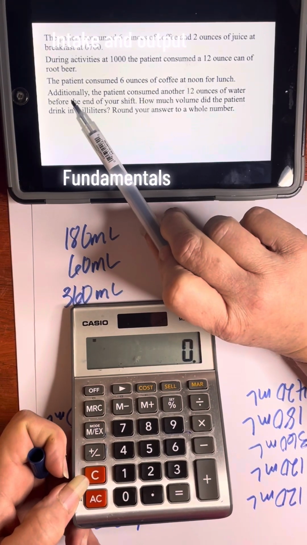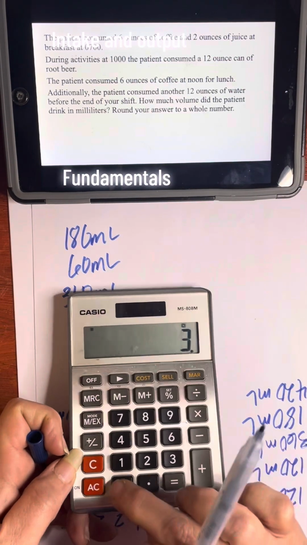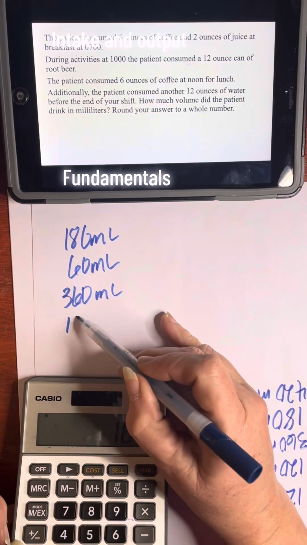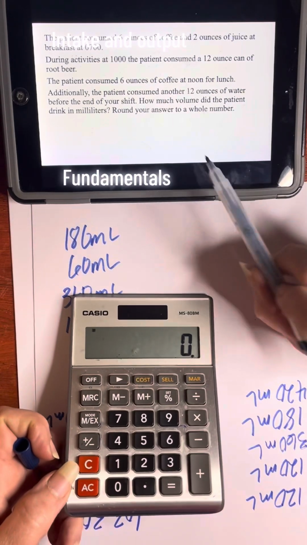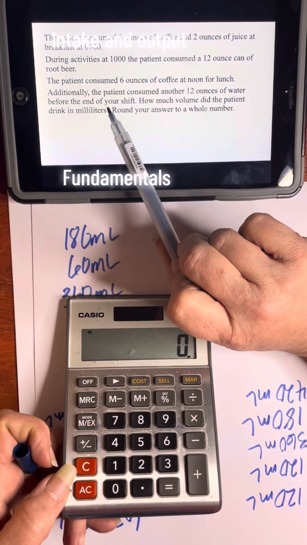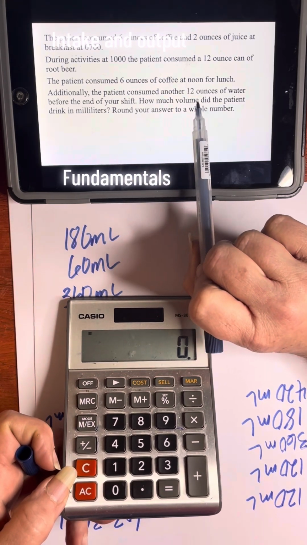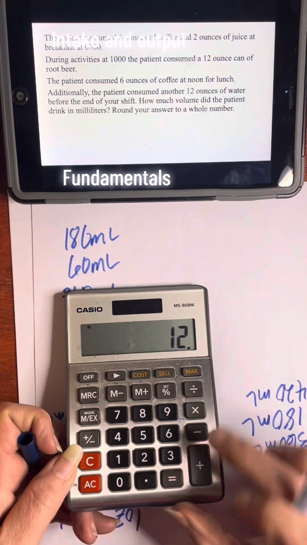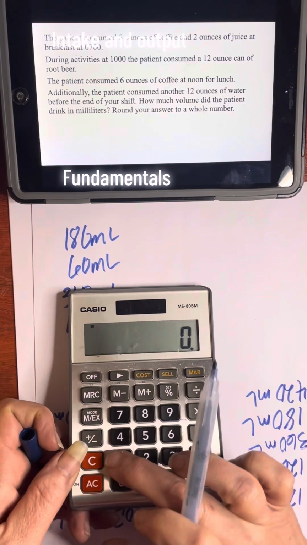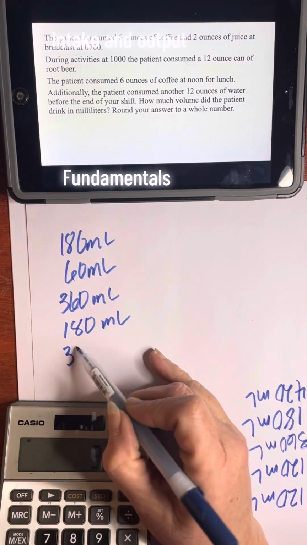But anyway, the patient consumes 6 ounces. 6 times 30, 180. You see how I'm just going? You got to just make peace with taking your time and reading every word on purpose. Additionally, the patient consumes another 12 ounces of water. 12 times 30 is 360.